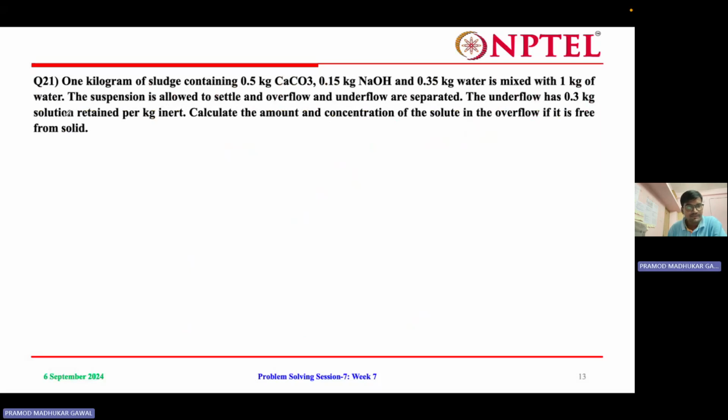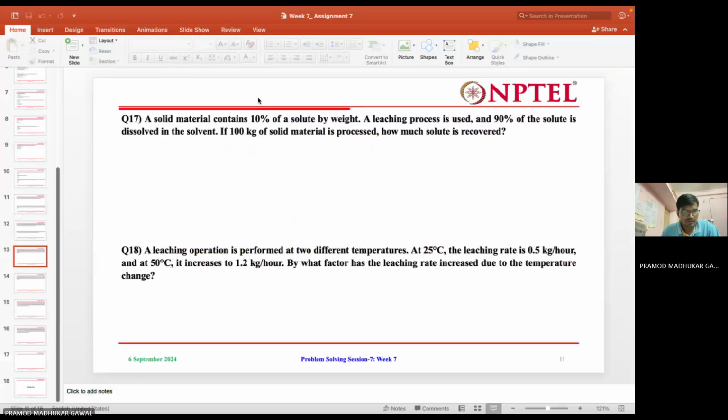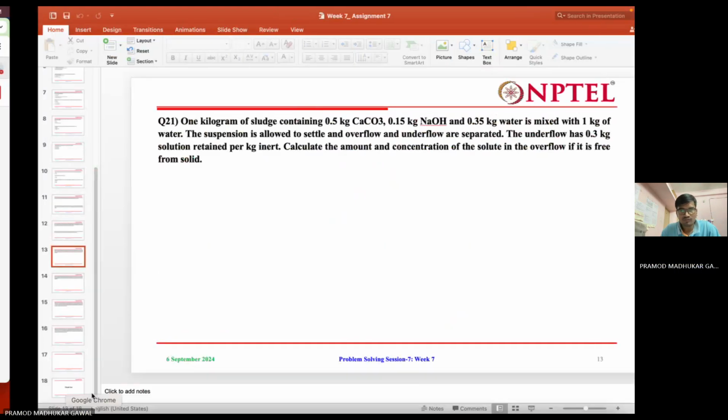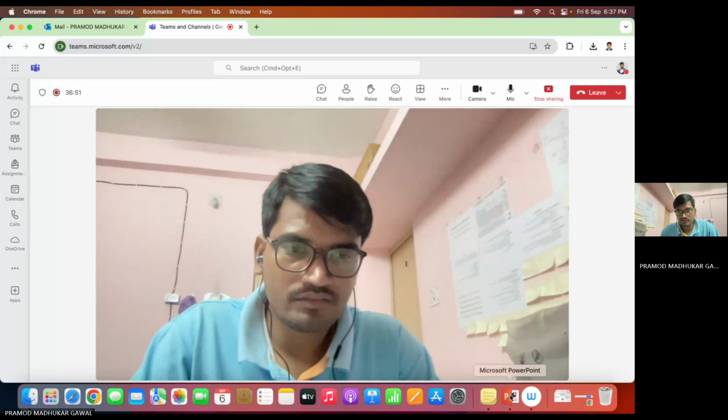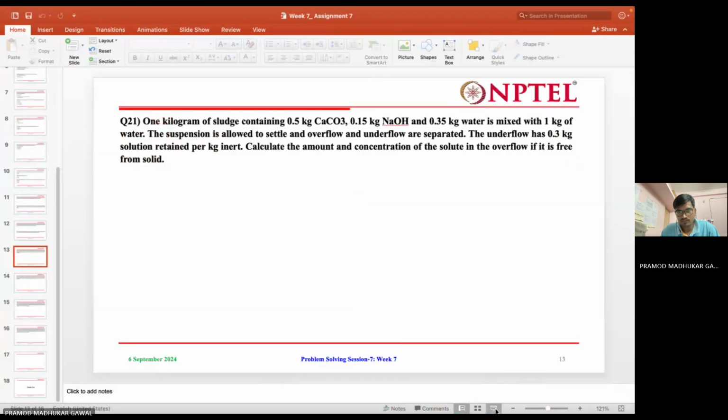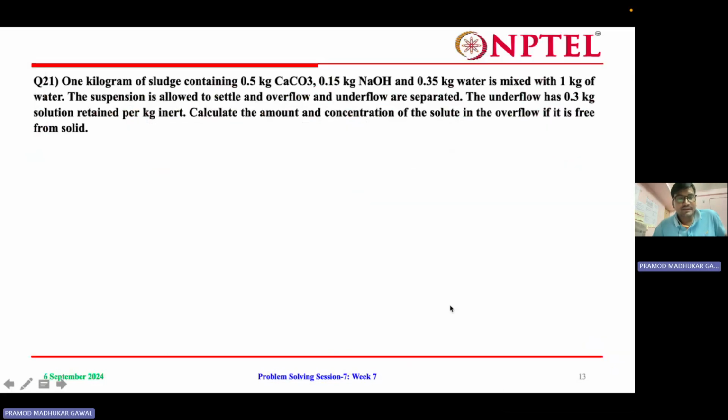Now question number 21. 1 kilogram of sludge containing 0.5 kg of CaCO3 and 0.15 kg NaOH.